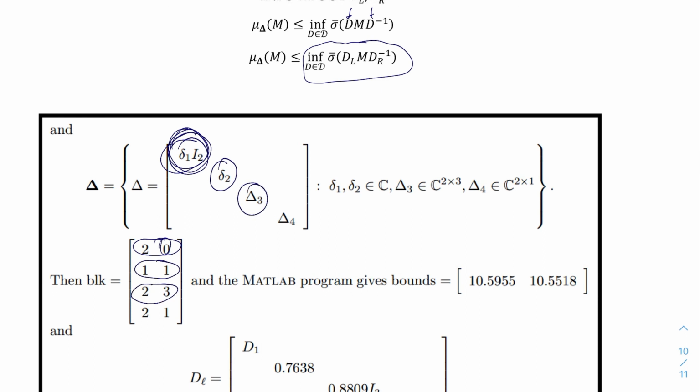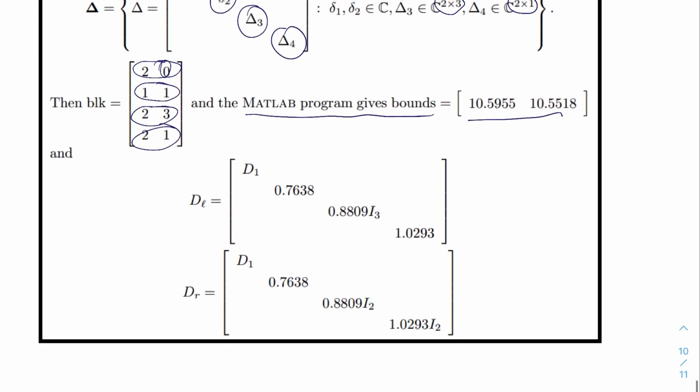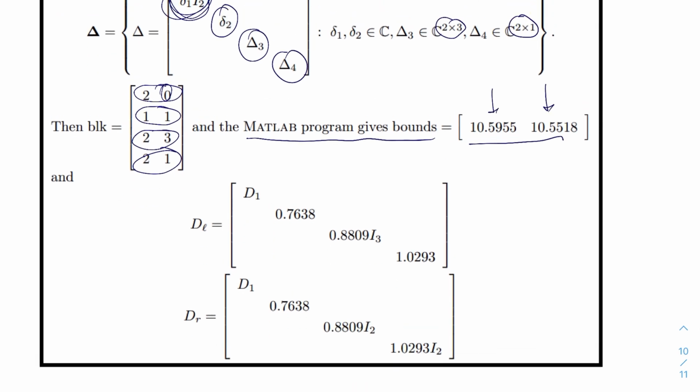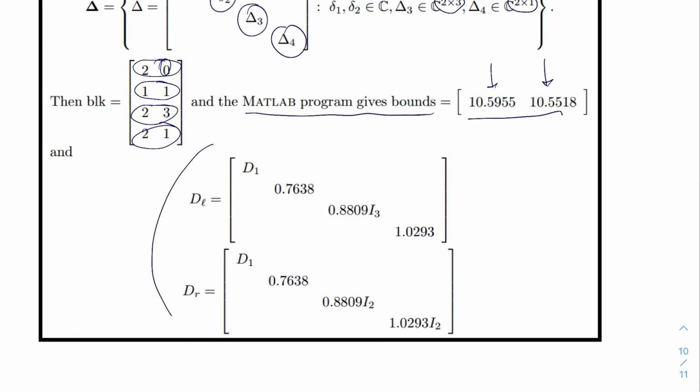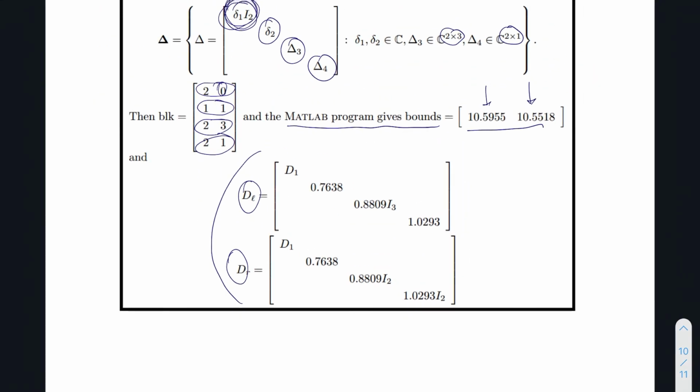And this is 2 by 3, and this is 2 by 3, and this is 2 by 1. So the MATLAB program gives these bounds. This is the lower bound and this is the upper bound. Okay, so I'm looking at this. Yeah, that's it.